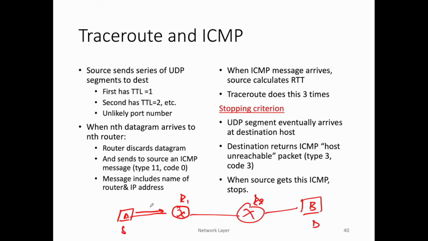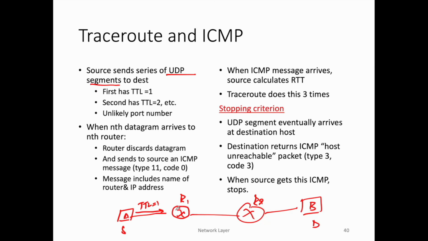So first of all, in traceroute, the source will send a packet, a UDP segment, where the TTL value is 1. So machine A will send a UDP segment to the destination where the TTL value is 1. When it reaches router 1, the router decrements the TTL value by 1, so its value is 0 now.